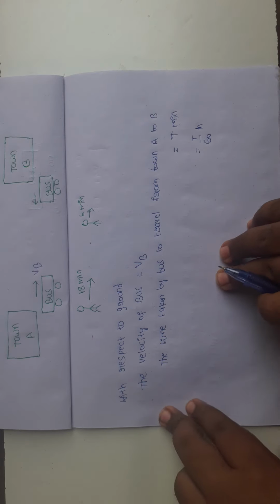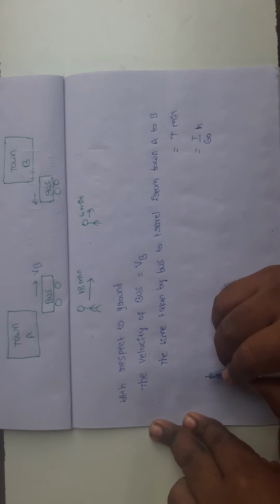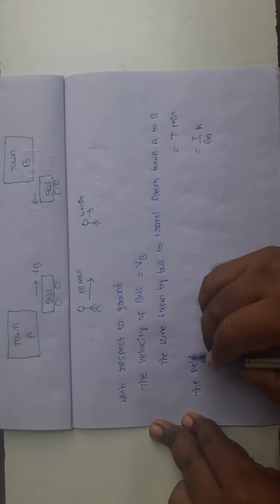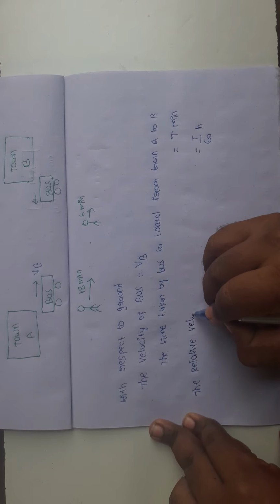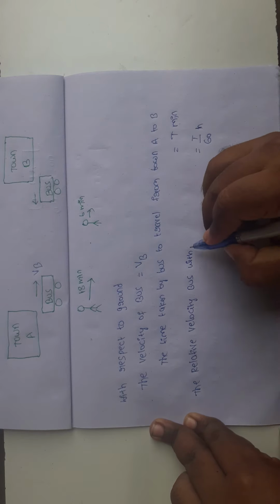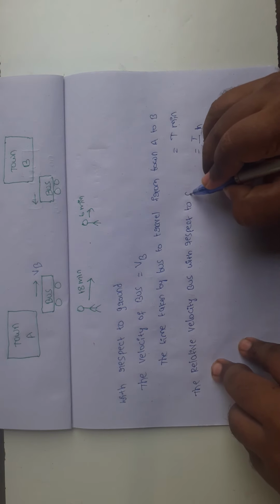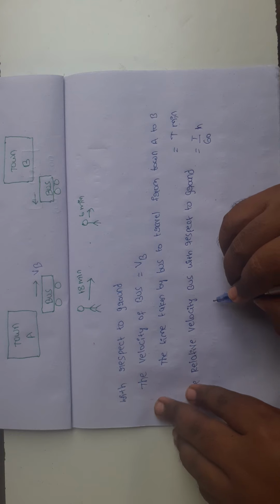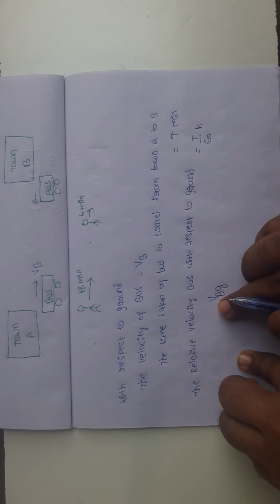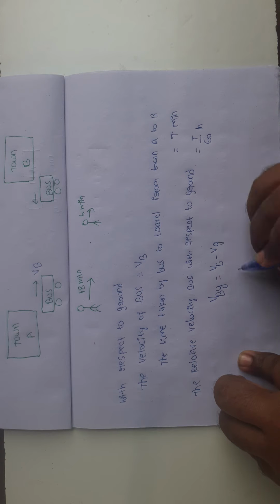Here I am going to find the relative velocity of the bus with respect to the ground. The relative velocity of the bus with respect to the ground, VBG, equals Vb minus Vg.